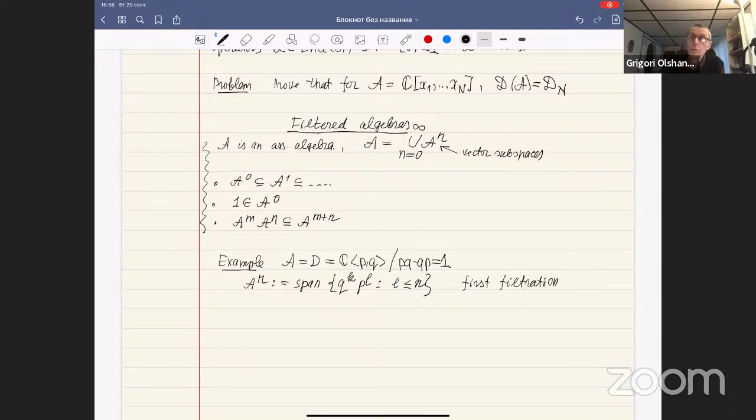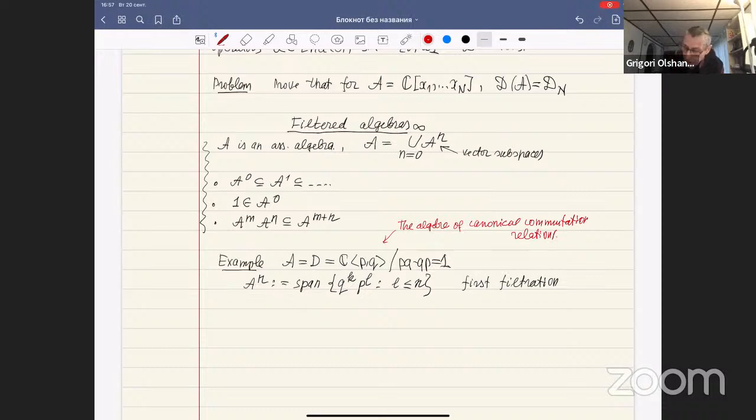If you take a realization of this abstract algebra, maybe it's better to introduce it in addition, with canonical commutation relations.